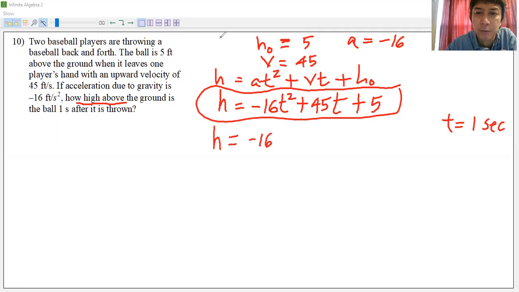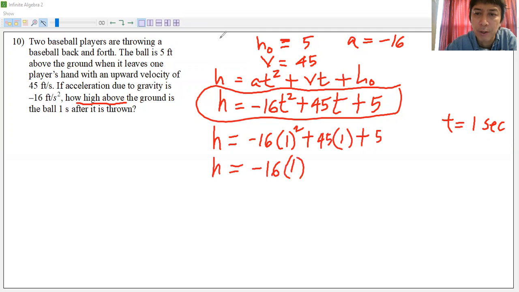Negative 16 times 1 squared plus 45 times 1 plus 5 feet. So this will be compute. Negative 16 times 1 squared will be negative 16. 45 times 1 is 45 plus 5. And so h is negative 16 times 1 is negative 16. 45 plus 5 is 50.